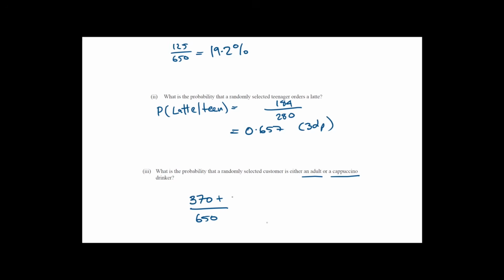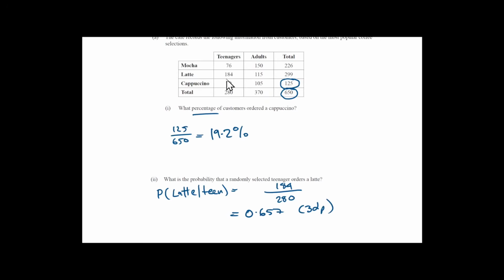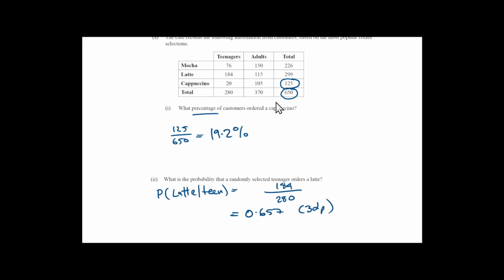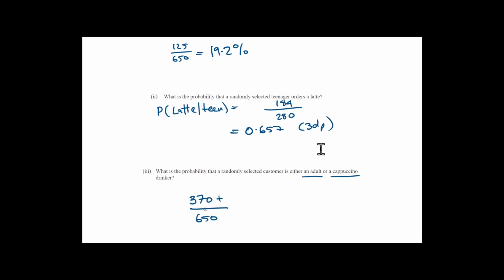And then we need to find how many teens are cappuccino drinkers, and there are 20 of those. We're not going to count the others because we've already counted them. So that's going to be 390 divided by 650.